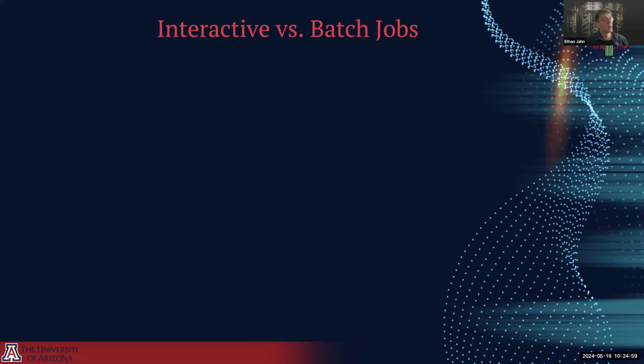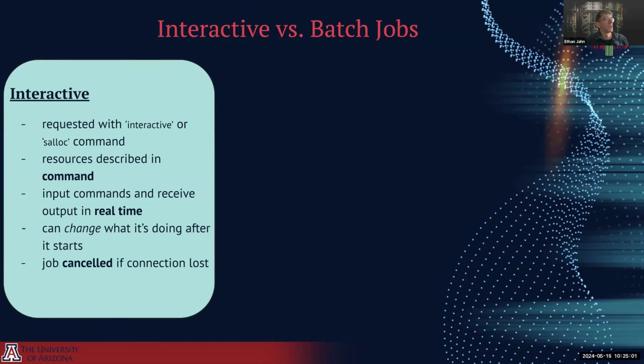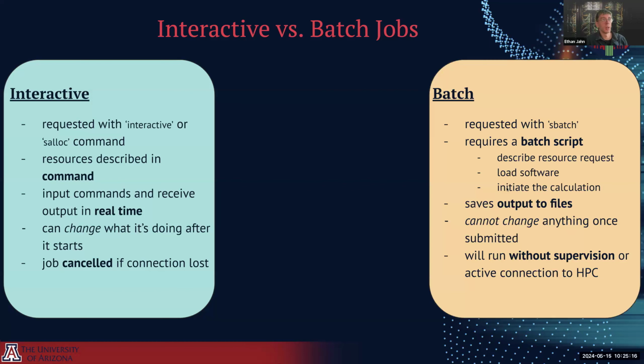So interactive versus batch jobs. We'll just go through this real quick. The resources for an interactive job are described in the command itself, and you can input commands and receive output in real time. And the job is canceled if the connection is lost. Batch jobs, on the other hand, are requested with sbatch.